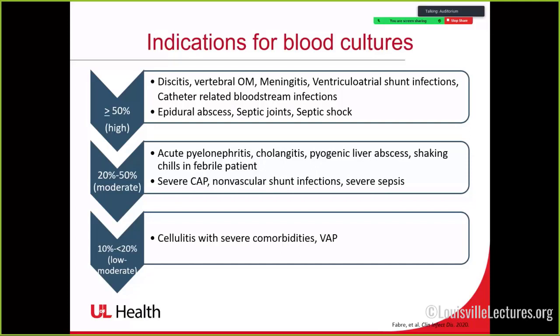And they break them up into high probability all the way down to low probability. So you can see what's really coming into play is you want to make sure your patient has a clinical syndrome that makes you think sepsis, septic shock. Do they have something like discitis or vertebral osteomyelitis, where it's likely that it was a spread from a bloodstream infection to that site? Or do they have something a little bit less risky, like ventilator-associated pneumonia or cellulitis?